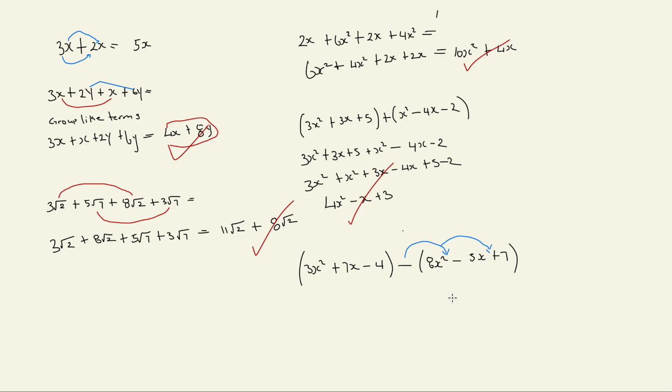So the equation will be written 3x squared plus 7x minus 4 minus 8x squared plus 5x minus 7. And as you can see, the negative 5x is now positive 5x and the positive 7 is now negative 7.